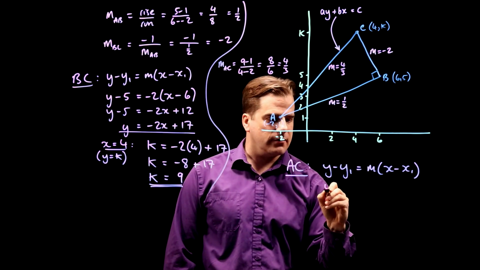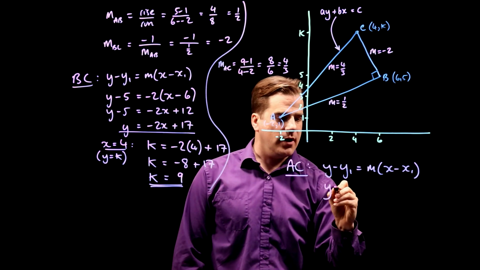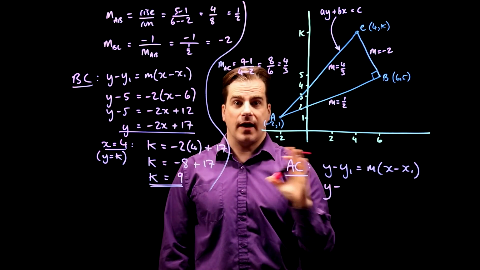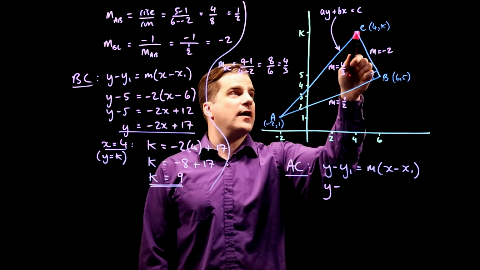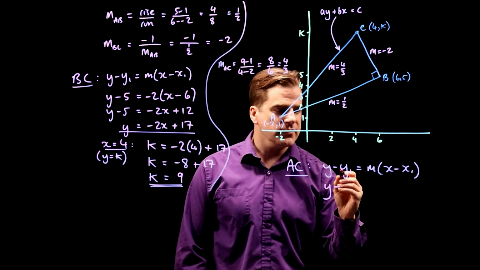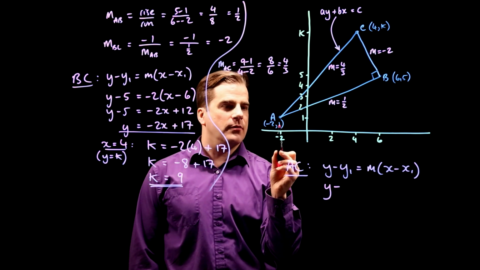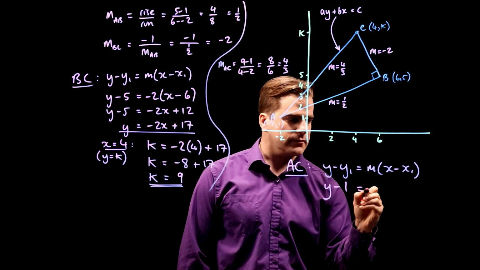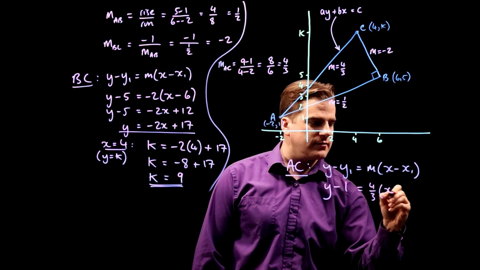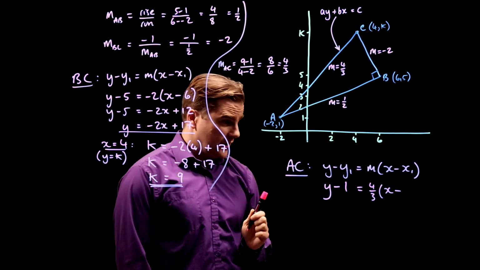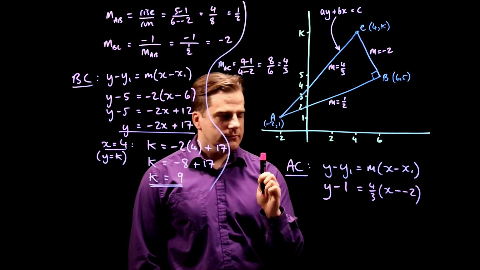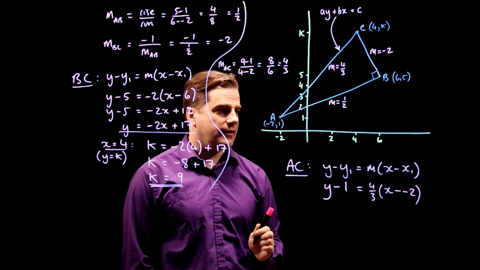Right, so the equation of the line AC, y minus y1. Like I said, the point (x1, y1) is any point on the line. We can choose this one or that one. Doesn't matter, we know both of them. Let's choose this one. So y minus y1, y1 is 1, is equal to the gradient, 4/3, times x minus x1, x1 is minus 2. Don't fall into the trap of only writing one minus sign there.